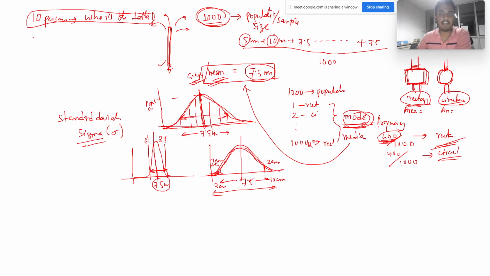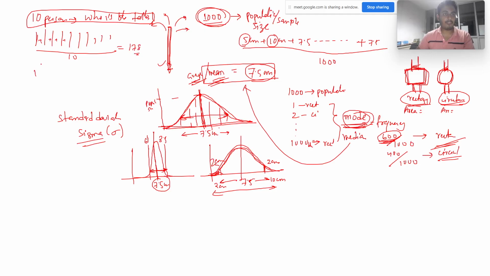You cannot add their heights and divide by 10. Well, you can do that, but that will not be accurate. For example, if you have 10 people and you choose the mean, you add their heights and divide by 10, you will get some value, for example, 178.